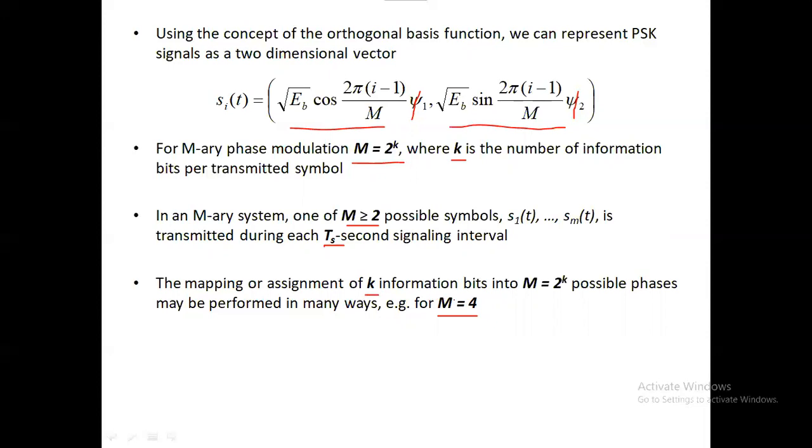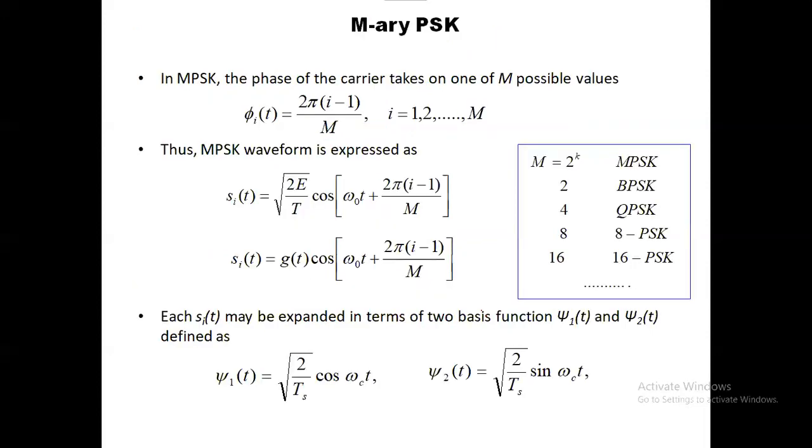That is, 4 symbols, each one mapped by 2 bits. So the instantaneous phase is in fact 2 pi (i minus 1) by M. M varies from 2, 4, 8, 16, and so on.